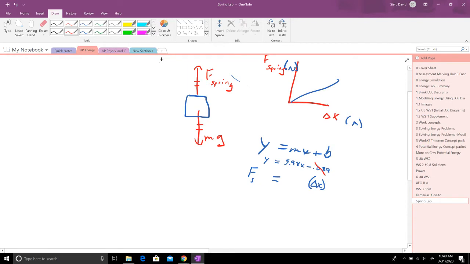Now that slope, 5.98, what would the units be? Units are measured by rise over run, so it'd be in newtons per meter. And that is the mathematical model I'm getting from my experiment.